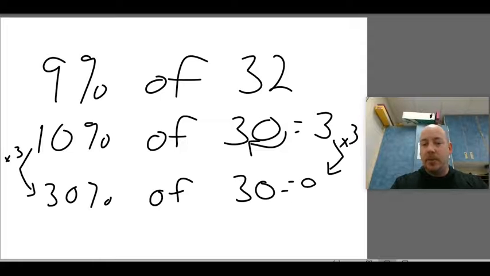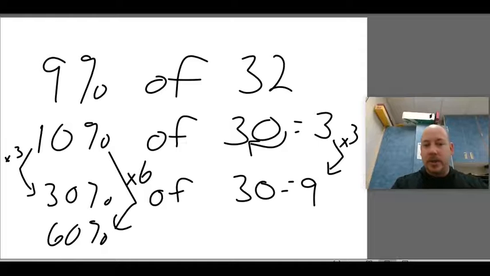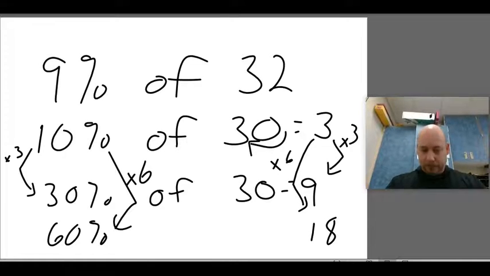So 3 times 3 would be 9. Let's say I wanted to do 60%. Well, that's just times 6, right? 10% times 6. So I could take 3 times 6, and that would give me 18. So 10% lets you do a lot of different things.